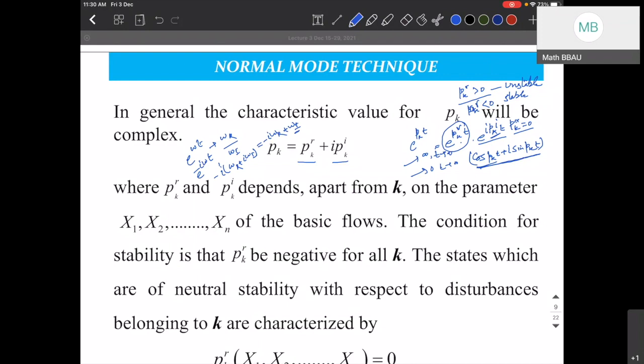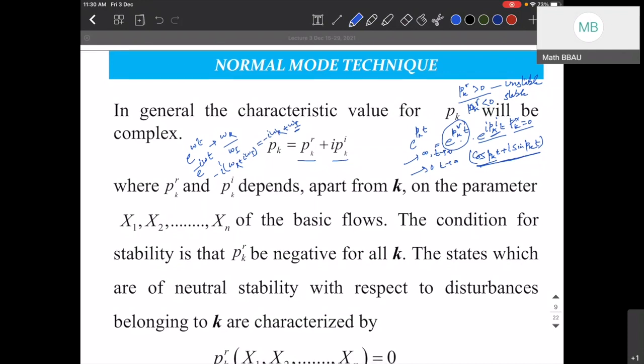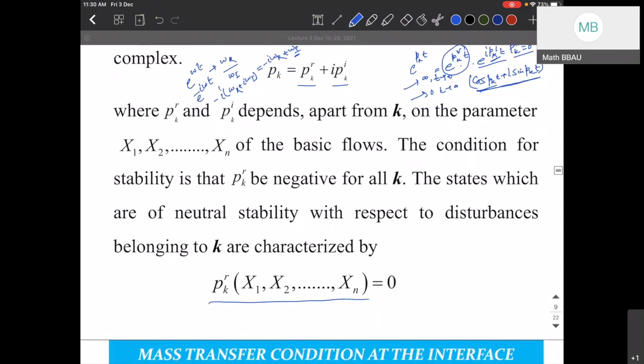If omega i is negative, the system will be stable. And the same thing is given here for neutral stability, that omega i must be 0. So this p k r equal to 0 will be the case of neutral stability, or you can say the marginal stability case.